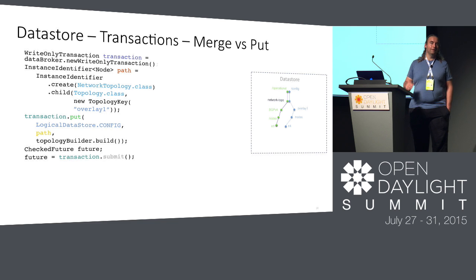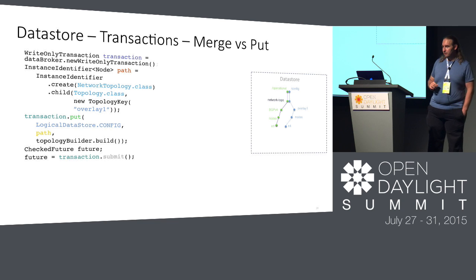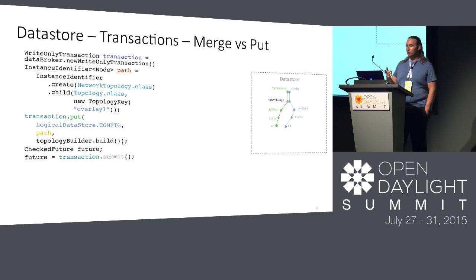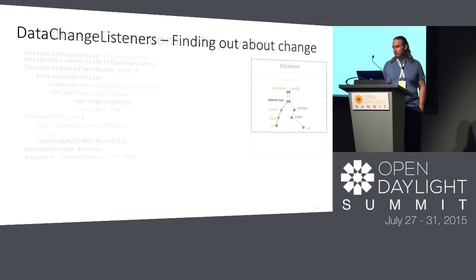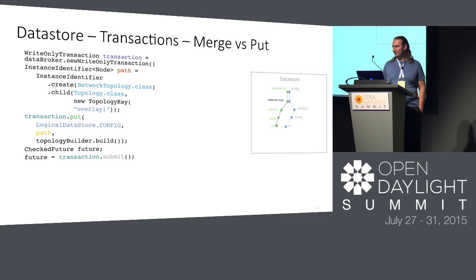So I could have, in the same transaction, a put to a config and to an operational. You get one future for the transaction. And actually, you'll come to a place where you end up doing, in the same transaction, in one of the later exercises, a put to operational, a put to config. It's an anti-pattern. Possibly.